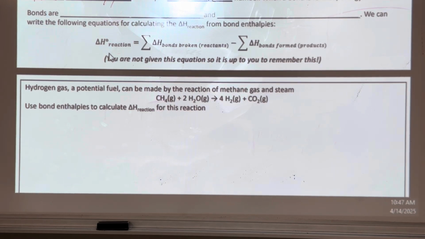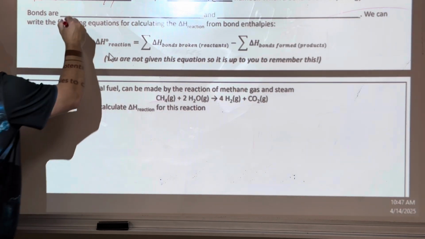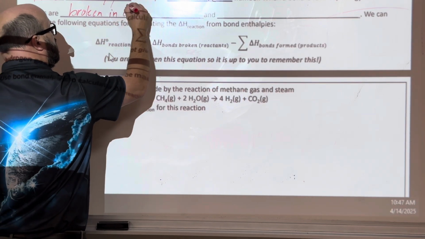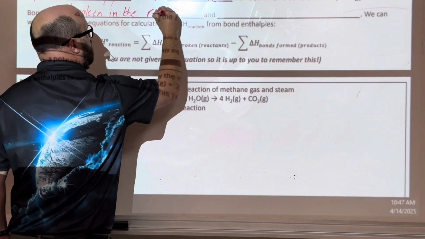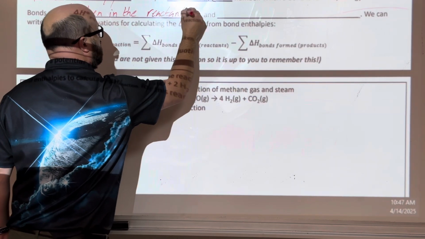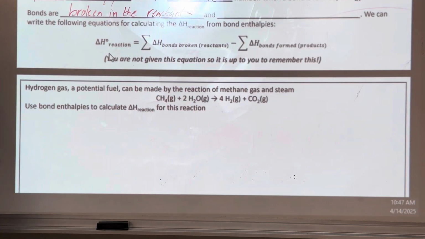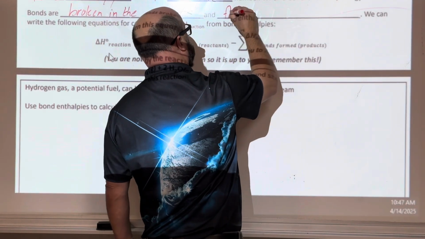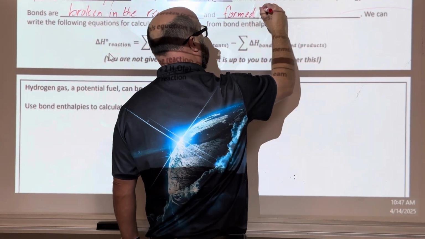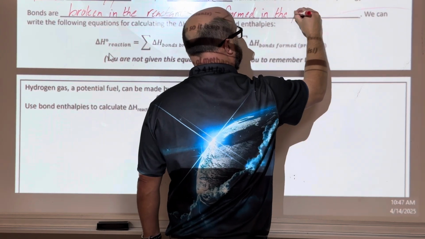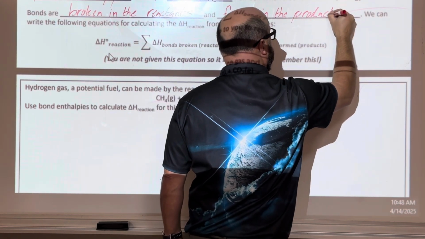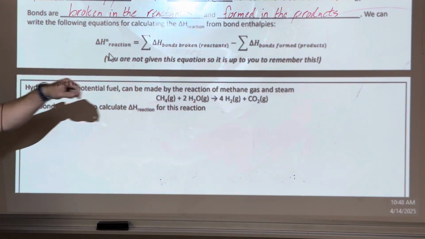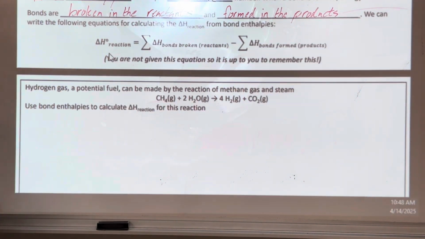And then on the other side, bonds that are broken in the reactants and formed in the products, you can use the following equations to calculate the delta H for bond enthalpies.